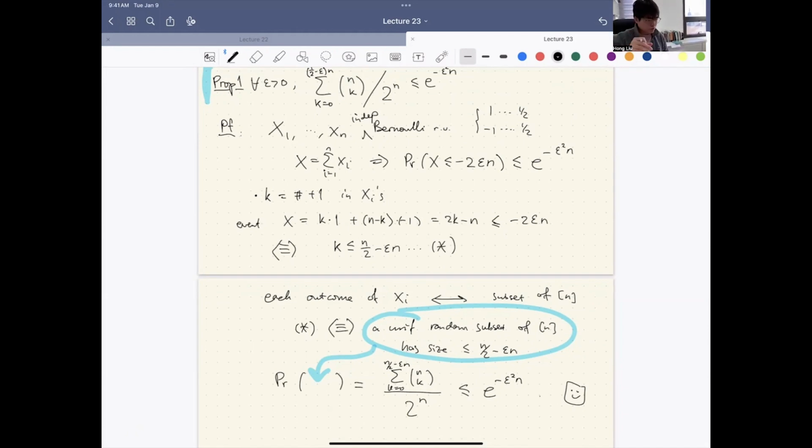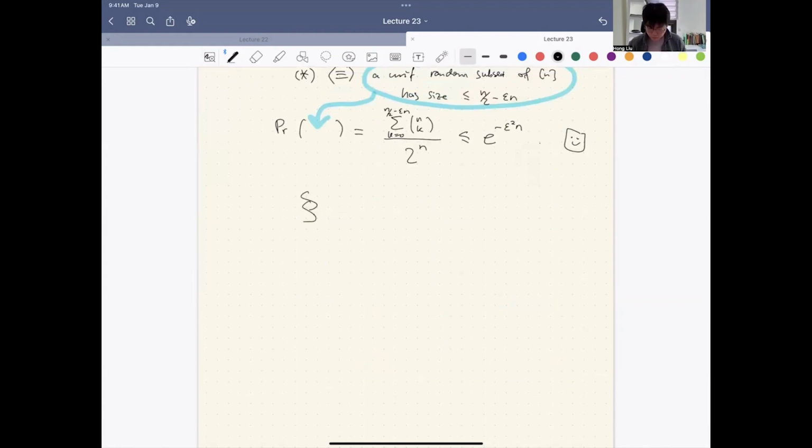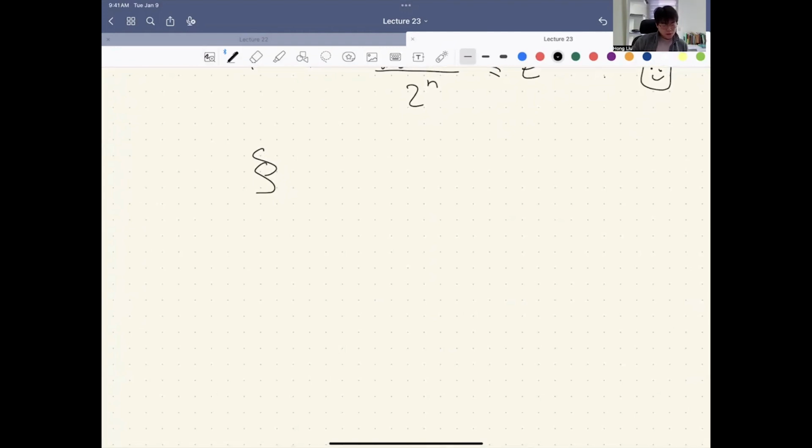So let's move on to more applications of the first moment. We're going to see some geometric applications, in particular the crossing number.